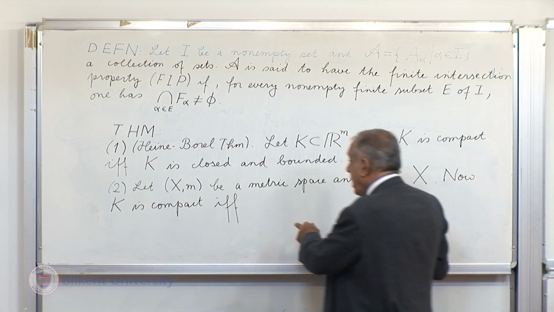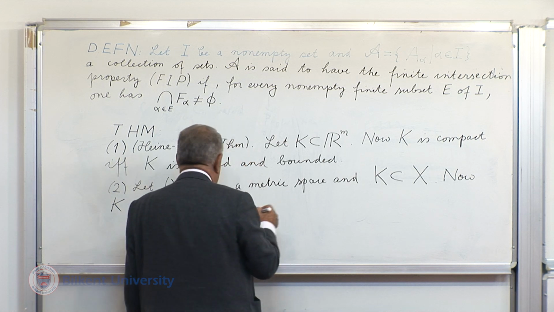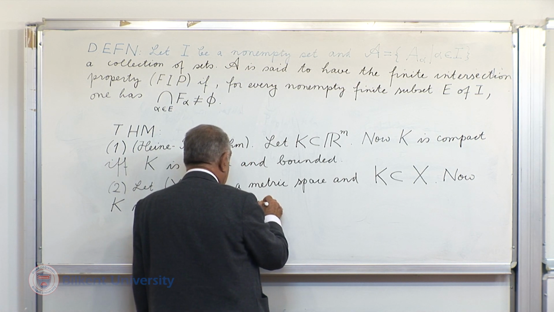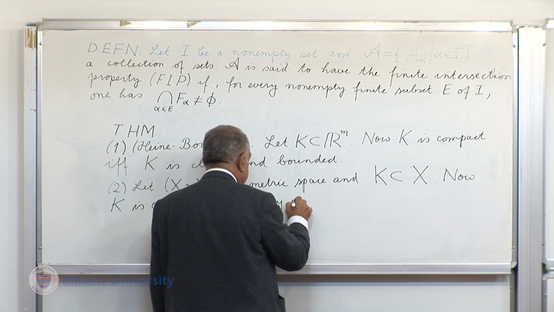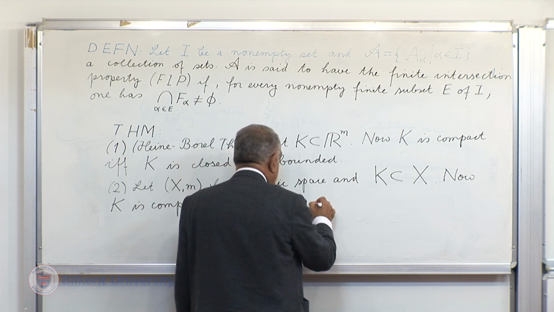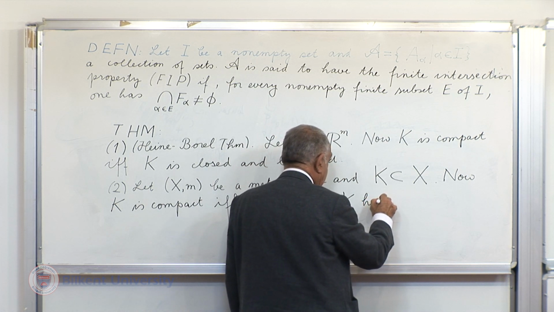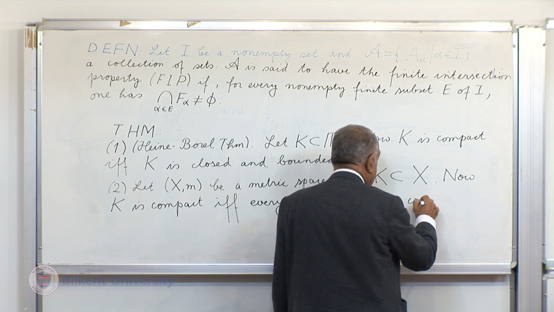So the combination of them will read as: if and only if every sequence in K has a convergent subsequence.